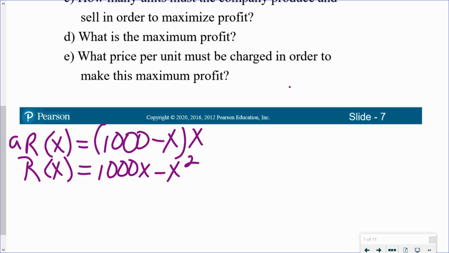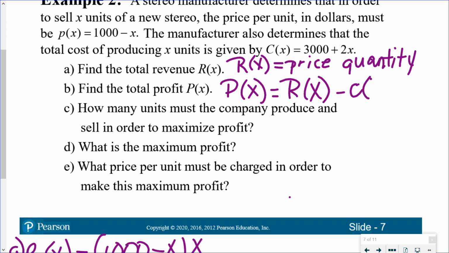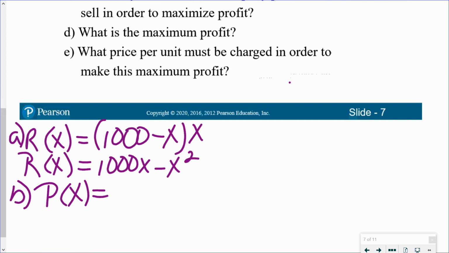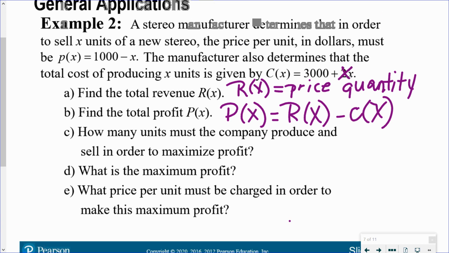Okay, that's part A. Part B is to find our profit function. Go back up here. Remember, profit is R of X minus C of X. So R of X was 1,000X minus X squared, minus C of X, which is 3,000 plus 20X. This slide was wrong.